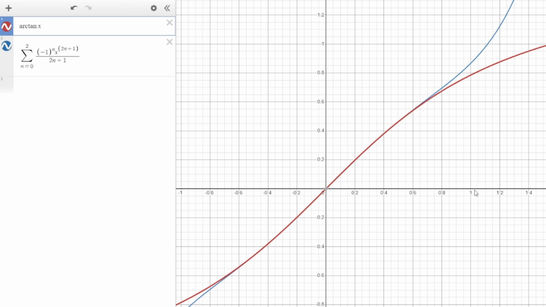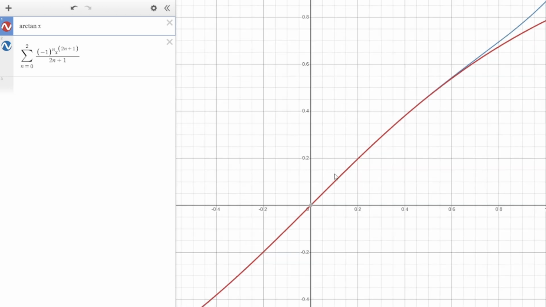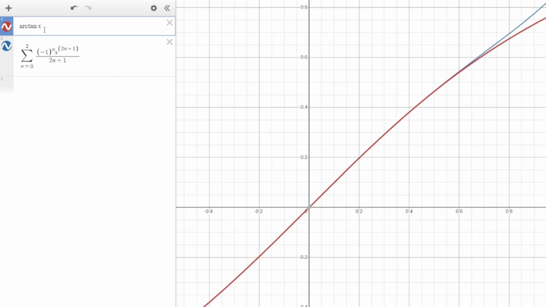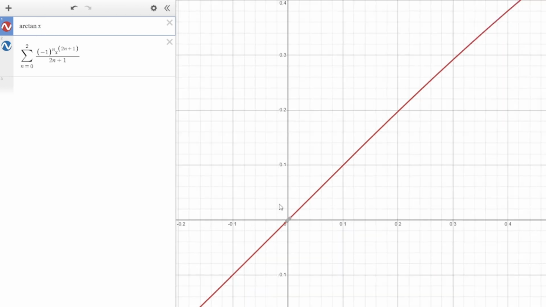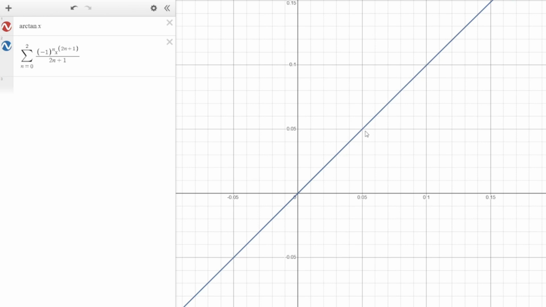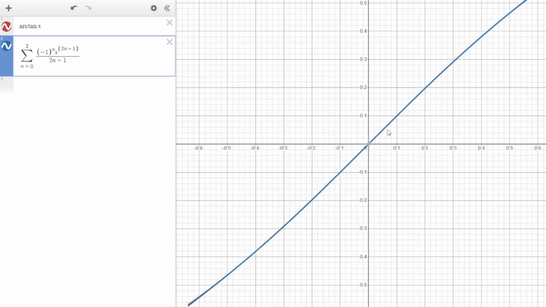Instead of using arctan of 1, what we're going to do is use an arctan formula to try to express arctan of 1 in terms of arctan of smaller numbers. By doing this, we're hopefully going to make use of the region where there's practically no error, or the error is so small that it's not really going to be important for us.